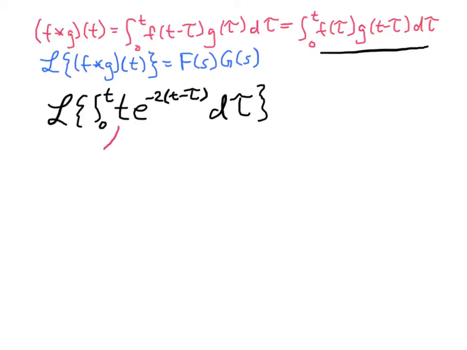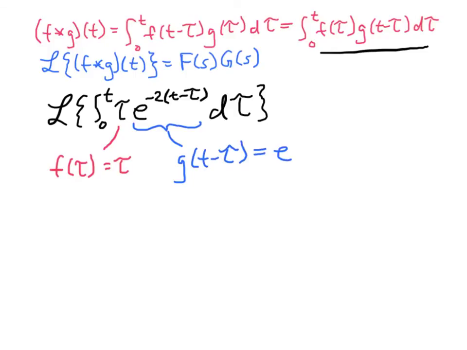Looking at that, the little t here is supposed to be a tau, so let's get that fixed. Okay, so our f of tau is simply tau, and then the remainder of the integrand, the e to the negative 2 times (t minus tau), that would be g of t minus tau.